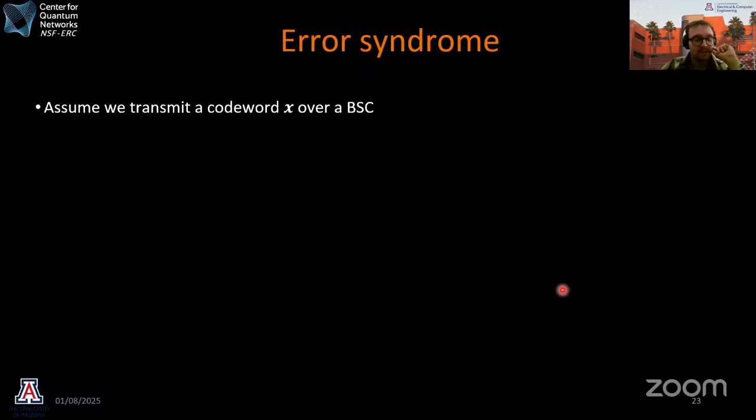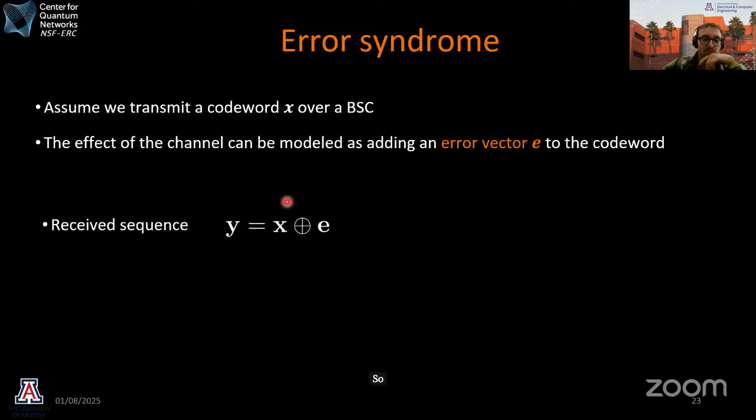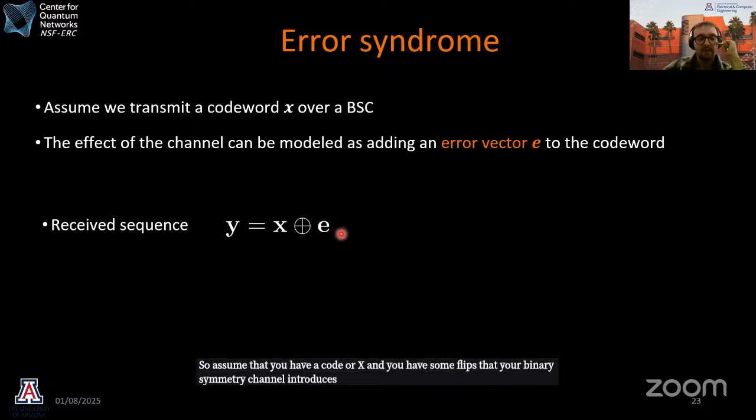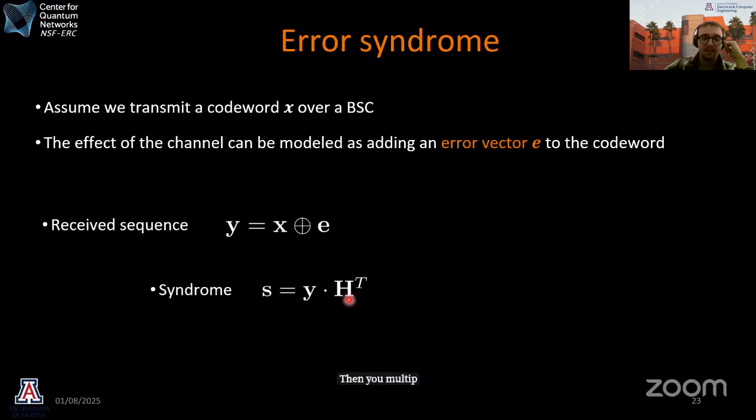What happens when you multiply something that is not a code word by the parity check matrix? Assume that you have a code word X, and you have some flips that your binary symmetric channel introduces. You can model it as a summation of your code word plus some error vector. Then you multiply Y by H transposed.